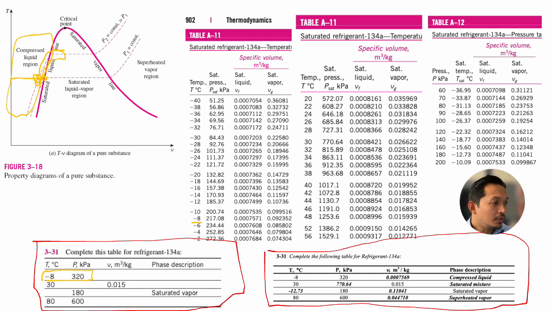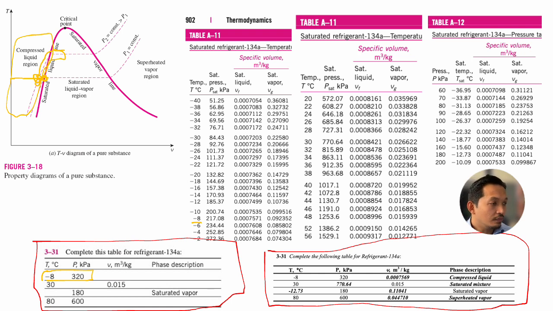So in this example, even though the pressure is much higher and it's located inside the compressed liquid region, to get the value for the specific volume, we refer to this point, which is the saturated liquid line at minus 8 degrees C, or 217 kilopascal pressure.